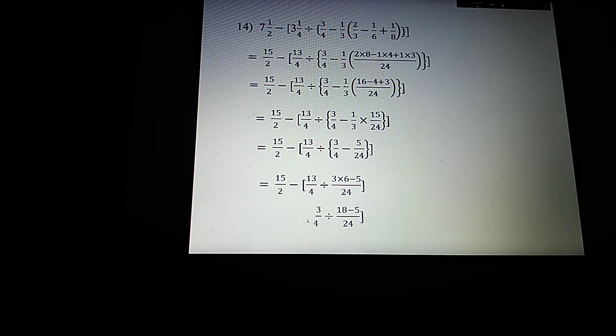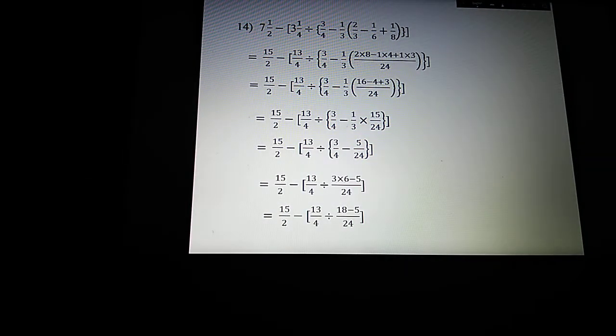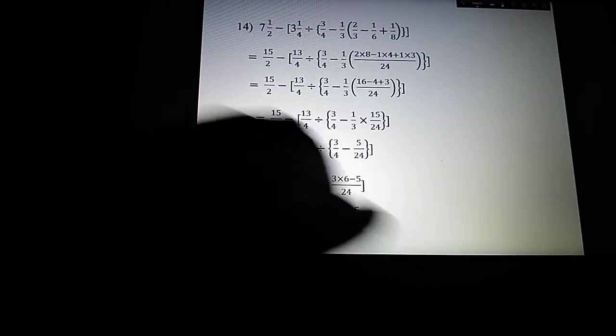Now next line is 3 into 6 minus 5. 3 into 6 is 18. Then the next line is 18 minus 5, it is 13. So we get 13 by 24, and it is divided into 15 by 2.